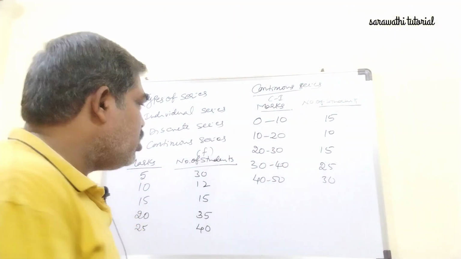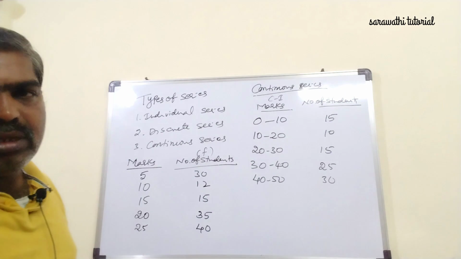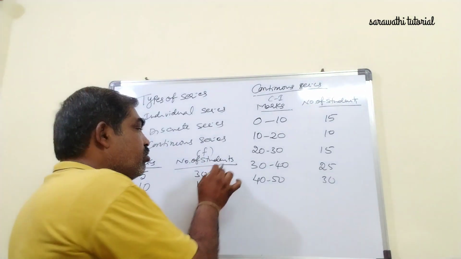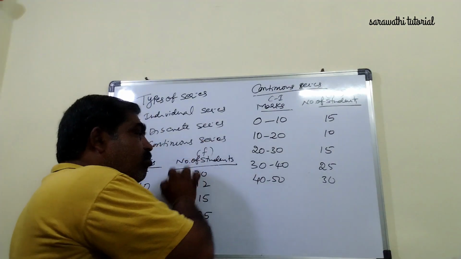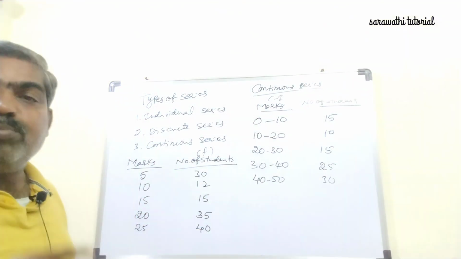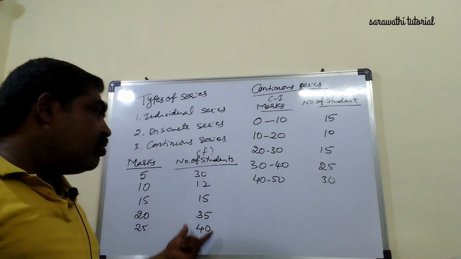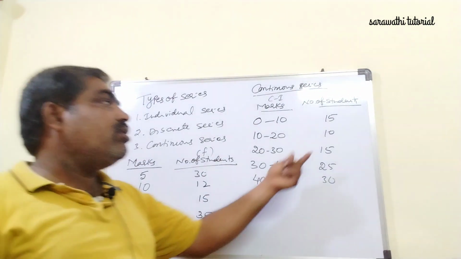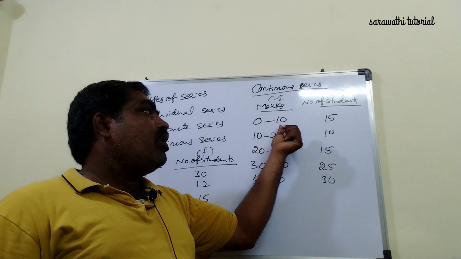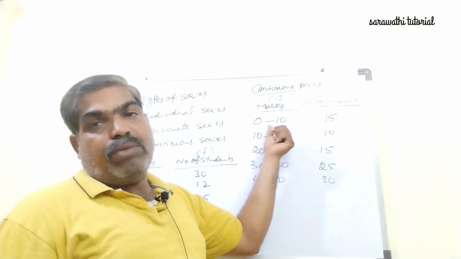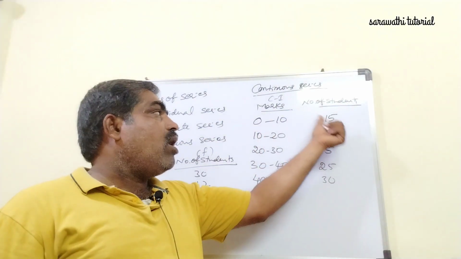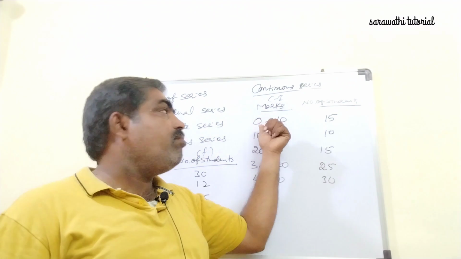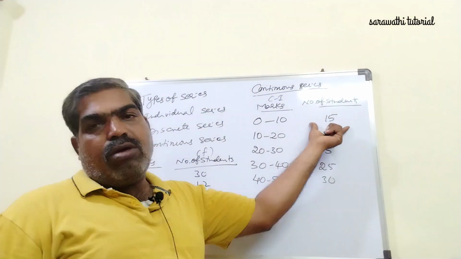Under individual there are no frequencies, but under discrete and continuous there are frequencies: the number of students, the number of times an observation is repeated. These students are repeated 30 times, 12 times, 15. These are called frequencies. In this example, 0 to 10, it may be 0, 1, 2, whatever it is. How many members are repeated between those marks, these are called frequencies.